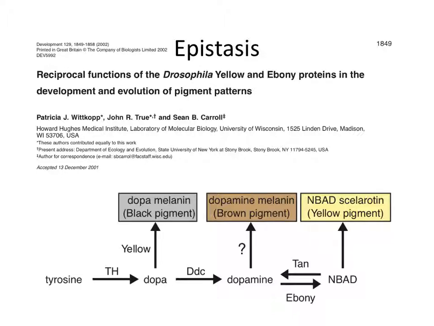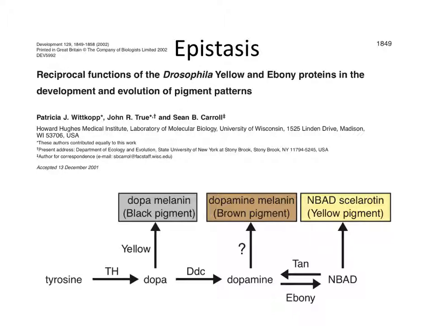So for example, in this pathway, we know that tyrosine hydroxylase produces an intermediate molecule that can be converted by the yellow enzyme to produce melanin. And we know that DDC turns dopa to dopamine, which is another precursor used by some unknown enzyme to produce a brown pigment, or dopamine can be converted by the ebony enzyme to produce another pigment that produces yellow pigmentation.